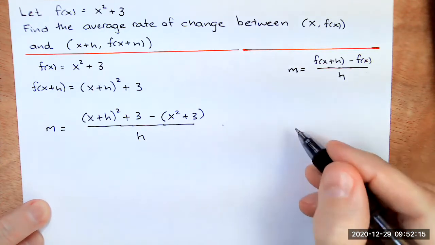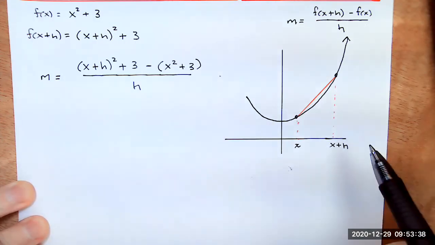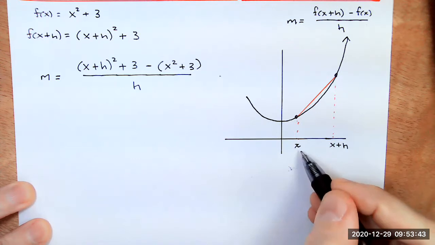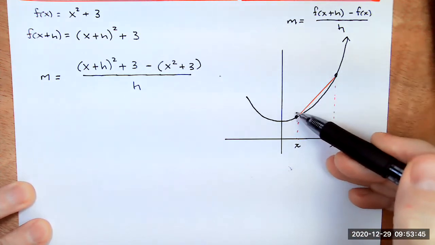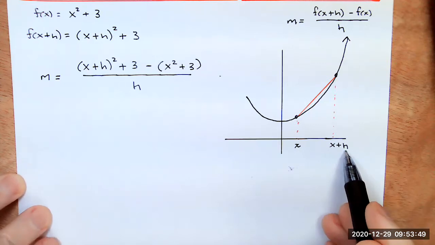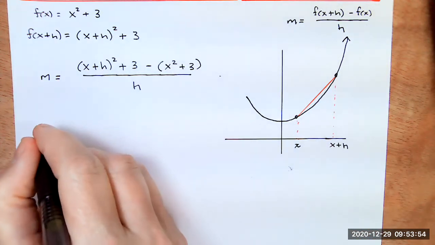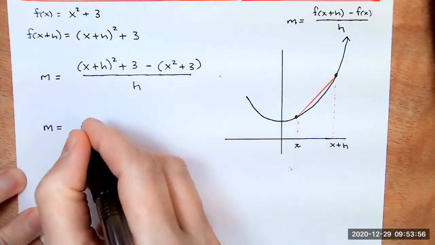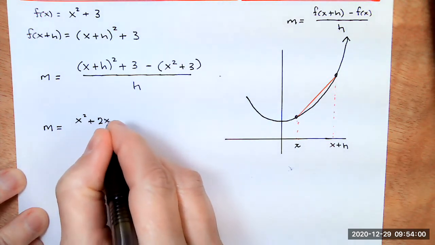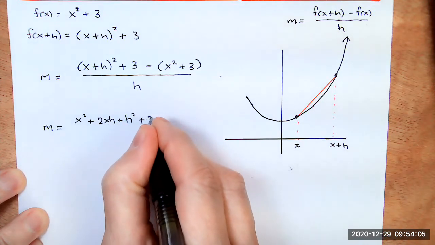Well, let me draw a little picture over here so that we don't forget that this is the slope of a secant line on this function between any point x and a point close to it, x plus h. So let's just simplify this. x squared plus 2xh plus h squared plus 3.